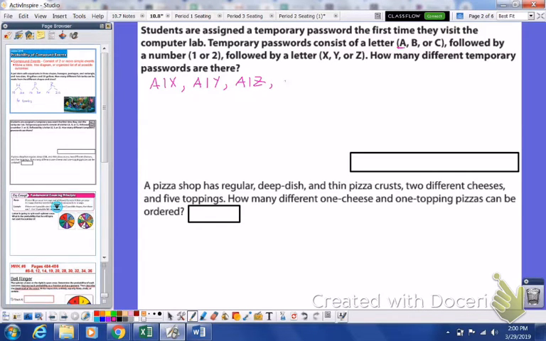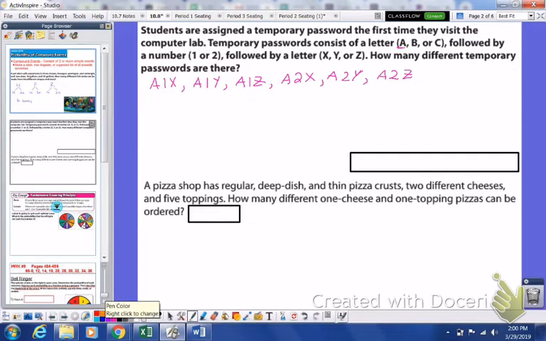Okay, so now if I chose, sticking with A still, but followed by a 2, we could do A2X, A2Y, or A2Z. So there's my options if I would choose A as my first letter.